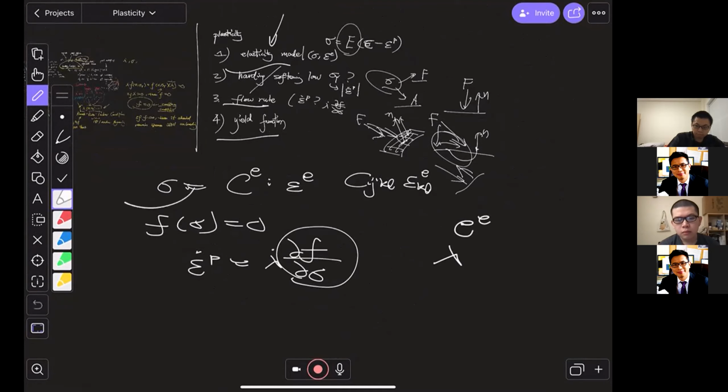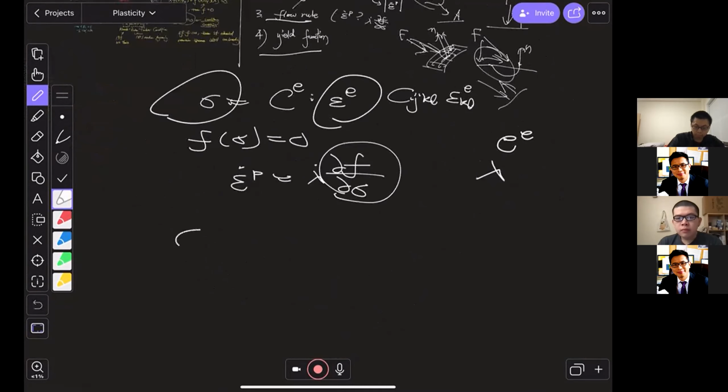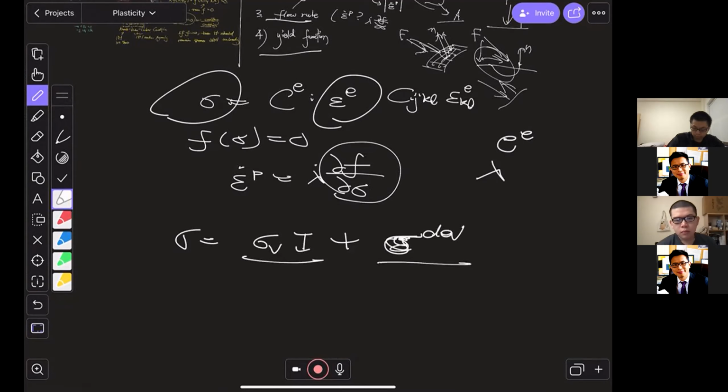How do you represent the stress? How do I represent the epsilon? There are multiple ways to do it. One way is to decompose the stress into volumetric portions. So stress is a matrix, or tensor, but you can write it and then you can have a deviatoric part. So this one is actually the isotropic part. This is the deviatoric part.